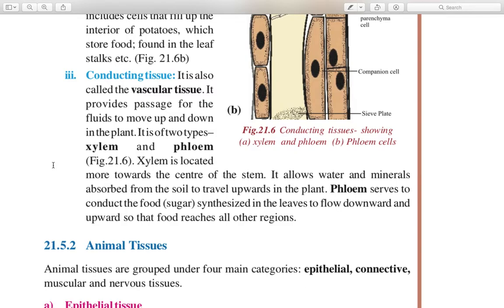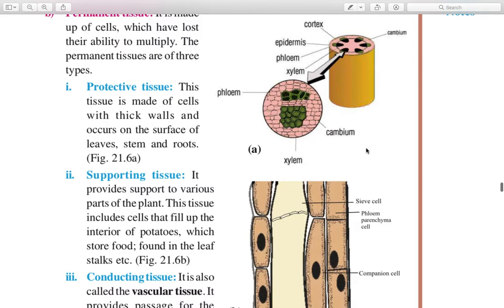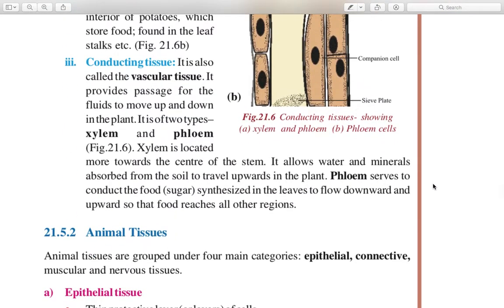And xylem allows the water and minerals absorbed from the soil to be conducted. You have water and minerals from the soil, which are absorbed through the roots, and through the xylem tissue it takes the water and minerals to the various parts of the plants. Next one is phloem. What is phloem?